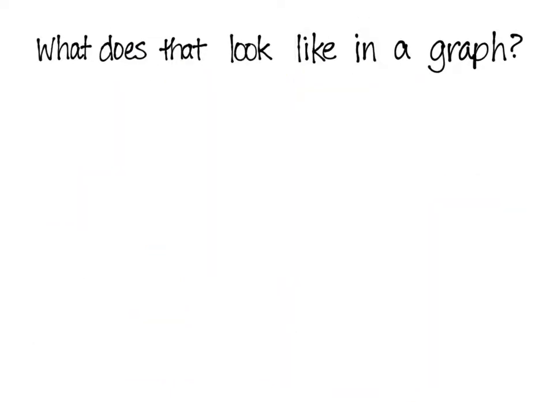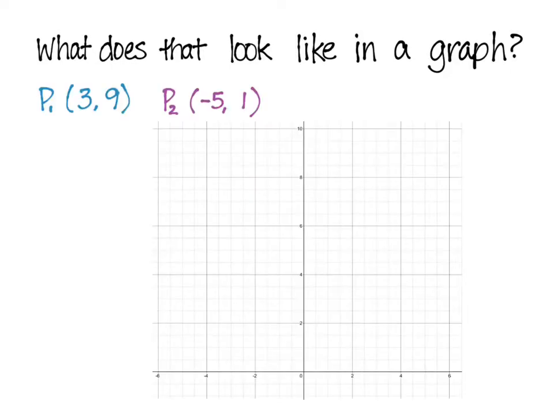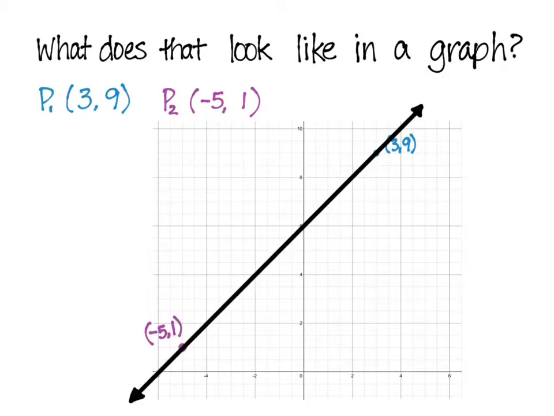What does that mean graphically? If I take those 2 points and I put them on a piece of graph paper, the point 3 comma 9 and the point negative 5 comma 1, and I have a line that goes through those 2 points, I can start at any one of the points. It doesn't make any difference which one, but once I pick a point, I'm going to use my rise and run from that place. I like to start here on the left. So I'm going up, and my rise is 8.